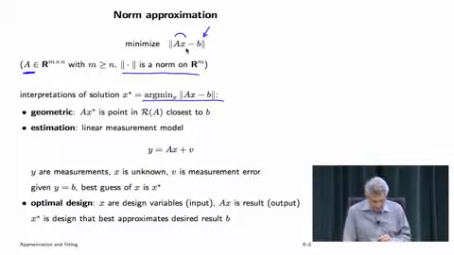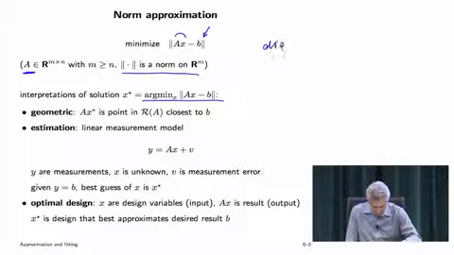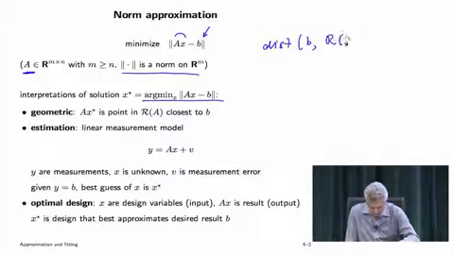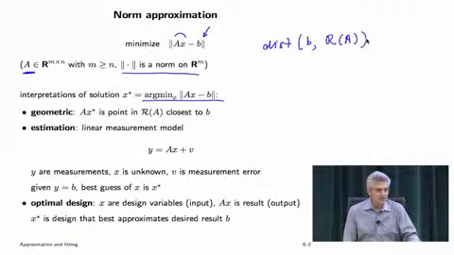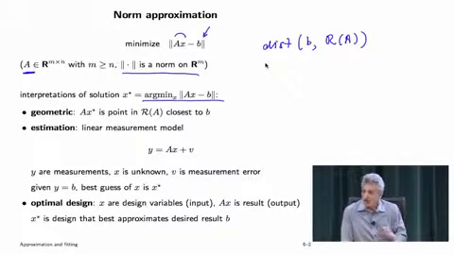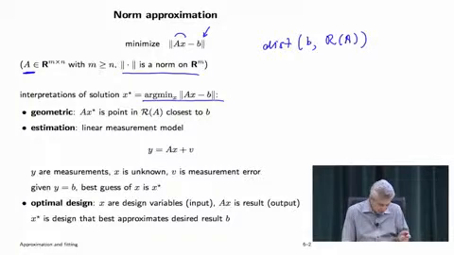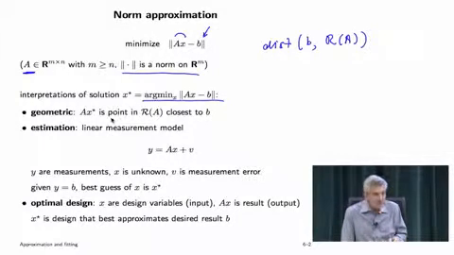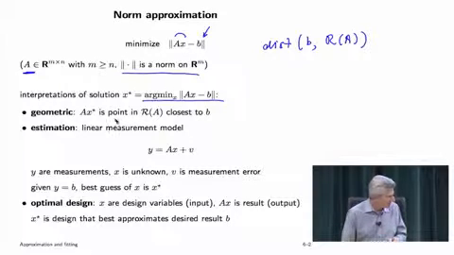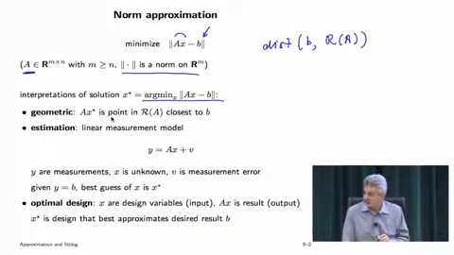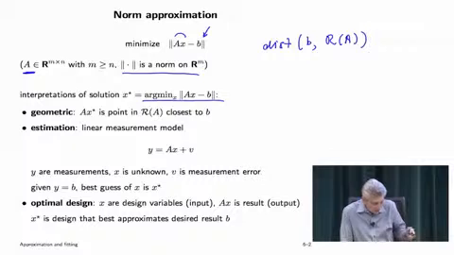So the optimal value of this problem is literally the distance of b to the range of A. Solving this problem is the same as saying, find me the distance under the norm of b to the range of A. And you say find a point closest to b, right?